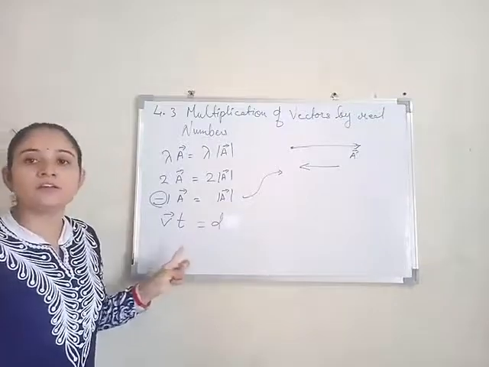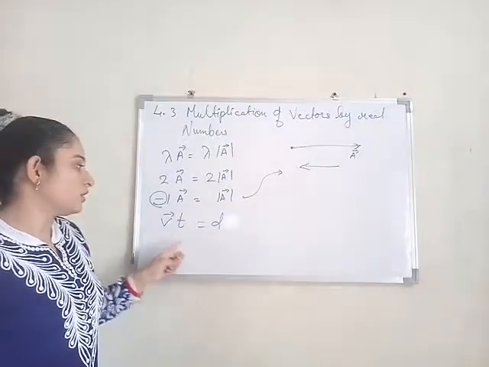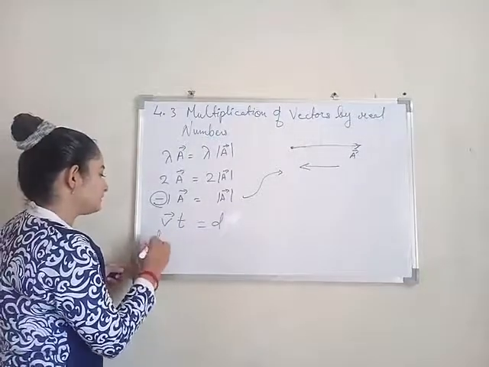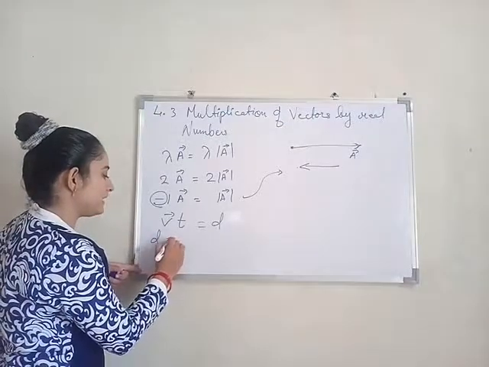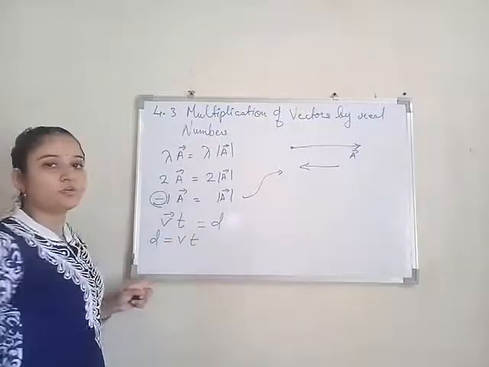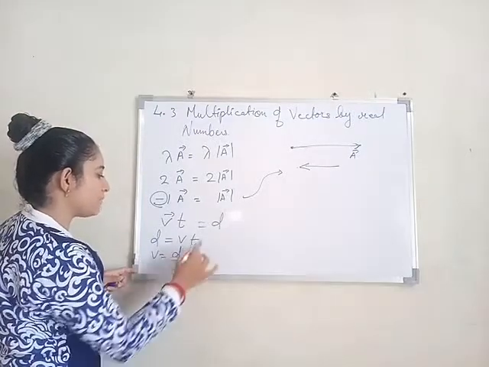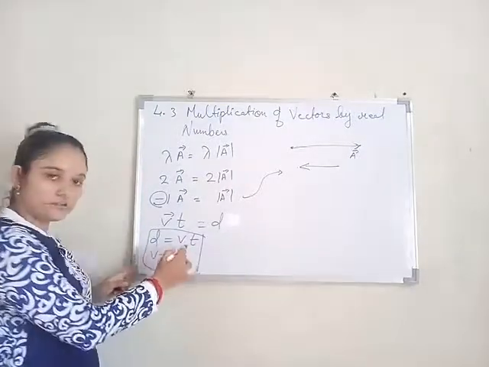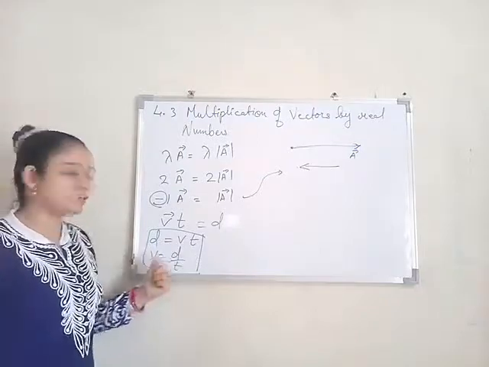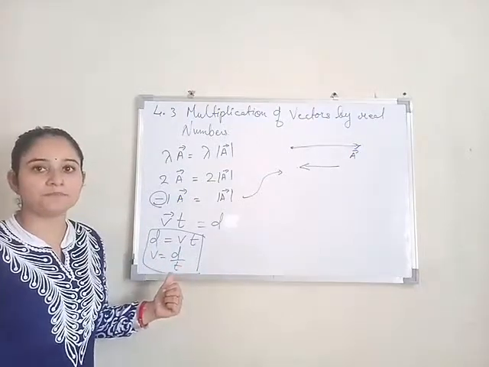So from here you come to know the formula, that is displacement d equal to velocity into time, and velocity equal to displacement upon time. Displacement is velocity into time and velocity is displacement upon time.